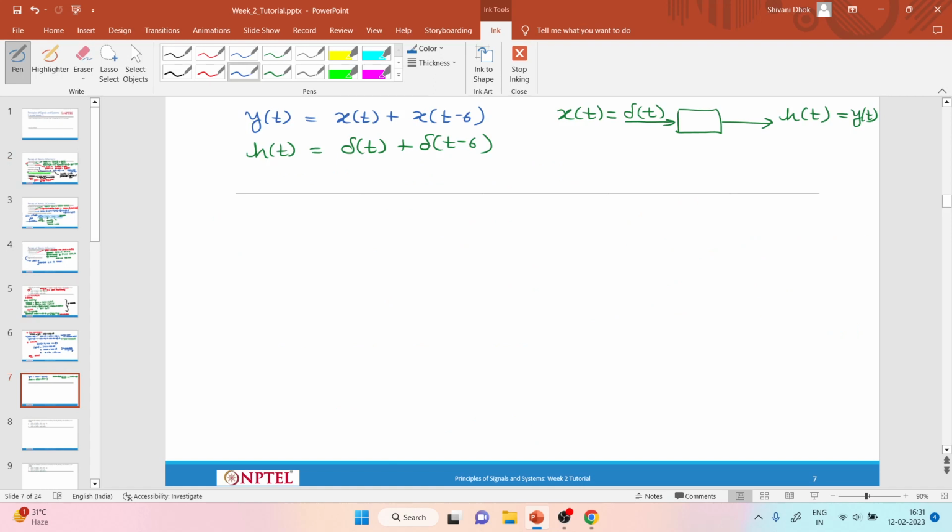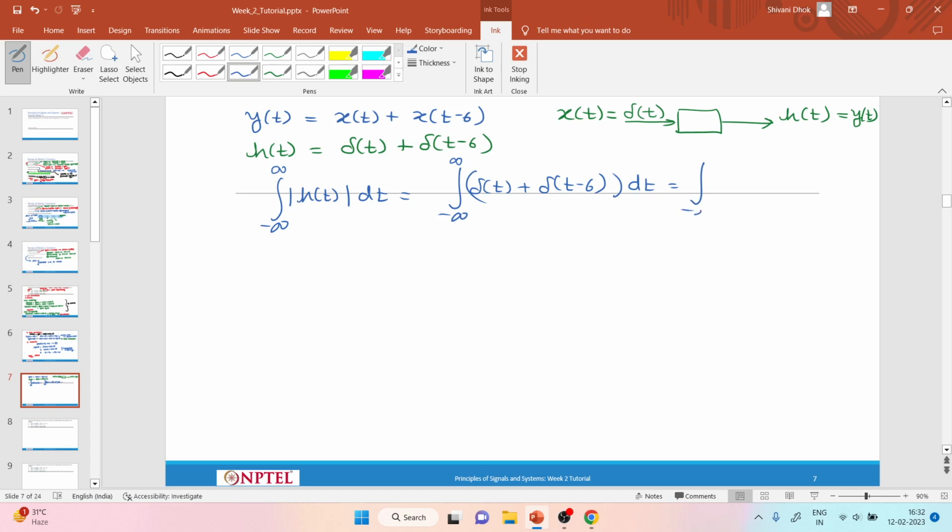And what did that condition say for an LTI system? That your impulse response should be absolutely integrable. That is, integral of mod of h of t dt should be less than infinity. So let us look at this. Your impulse is having unit modulus, so it is fine. So we can drop that mod sign. So integral of delta t plus delta t minus 6 dt.